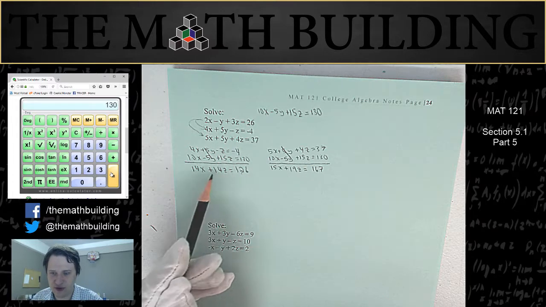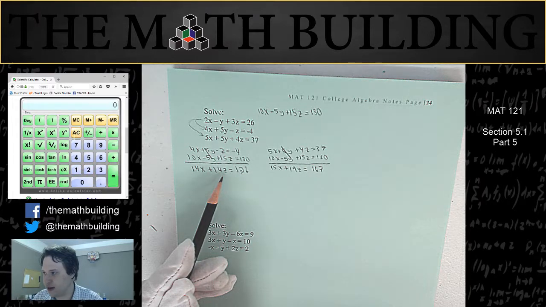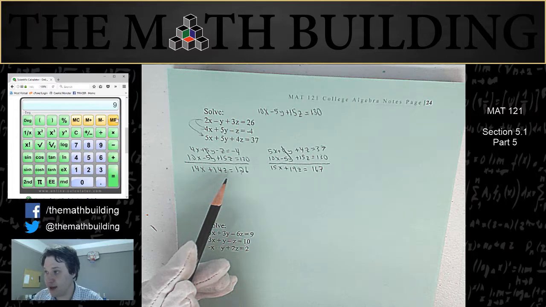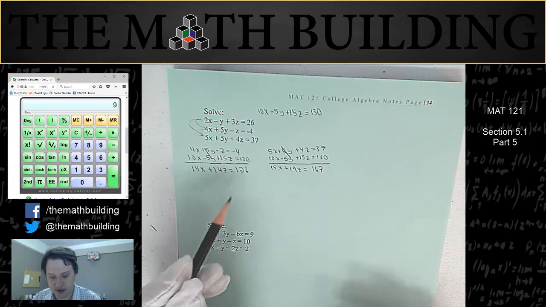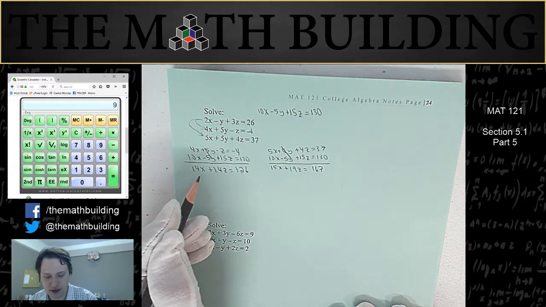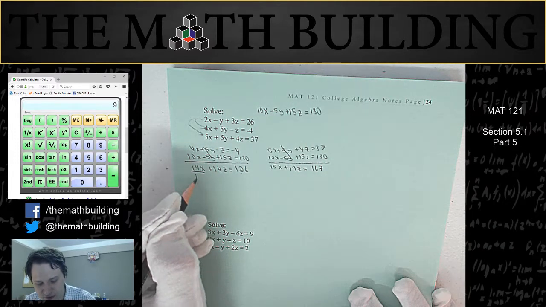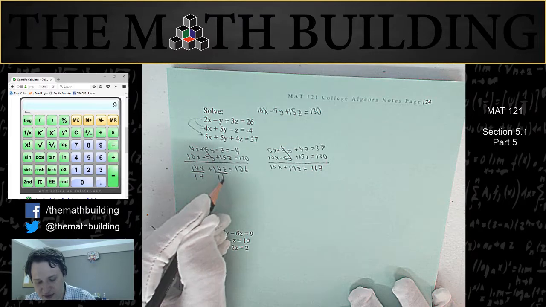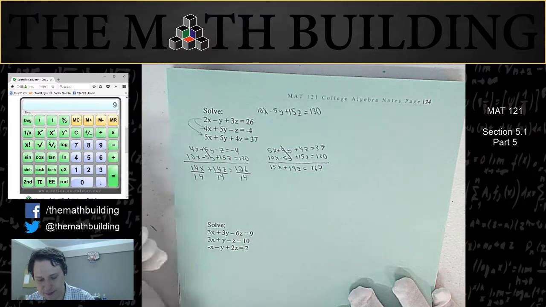Let's see if 126 is divisible by 14. It is. Okay, so that's lucky. So let's go ahead and solve this equation for z. It doesn't really matter, we can solve it for x or z. So I'm going to divide the entire equation by 14.